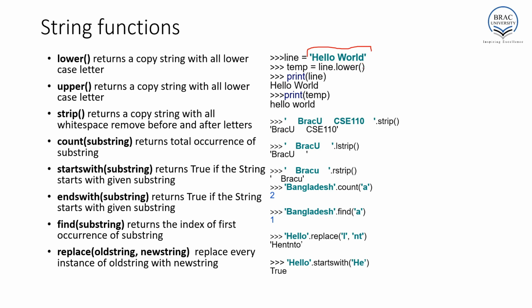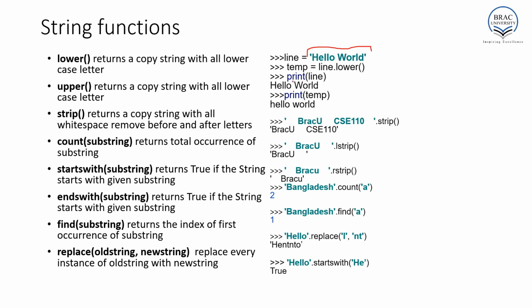So the new string will then be stored in temp. Please remember, when we write line.lower, we are not actually changing or altering the characters of the original string variable line of string hello world. Instead, a new copy string is returned with all lowercase letters, and then that new string is stored in temp.